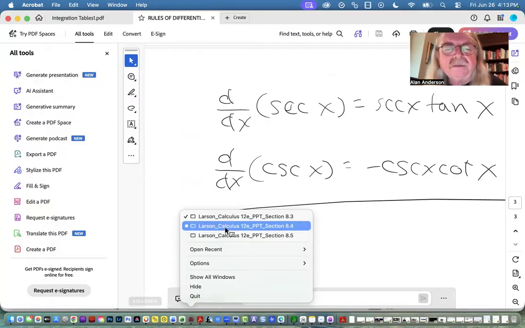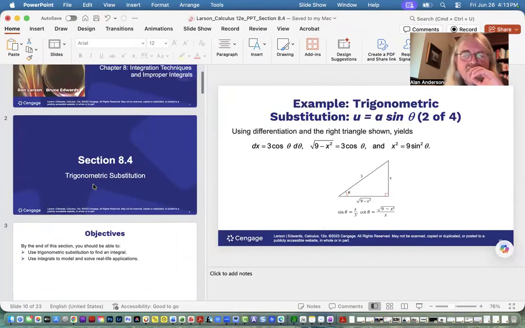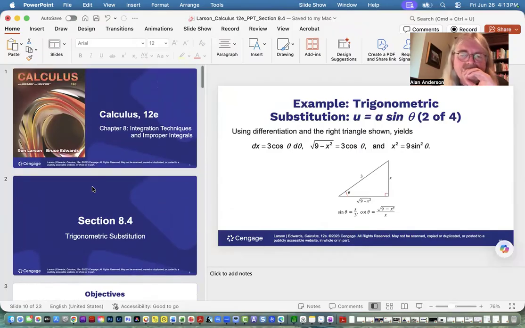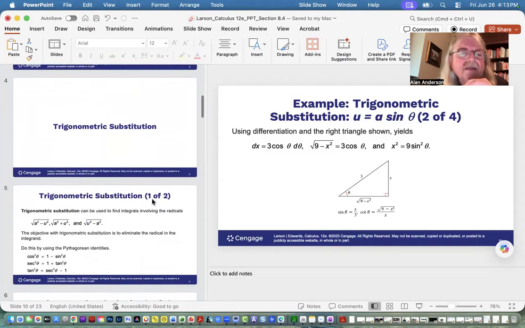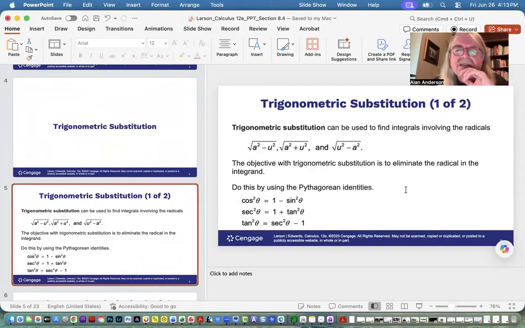What's happening there is that we're finding these very messy integrals, but in some cases, at least, if we make the right substitution, we can reduce them to a trig integral.